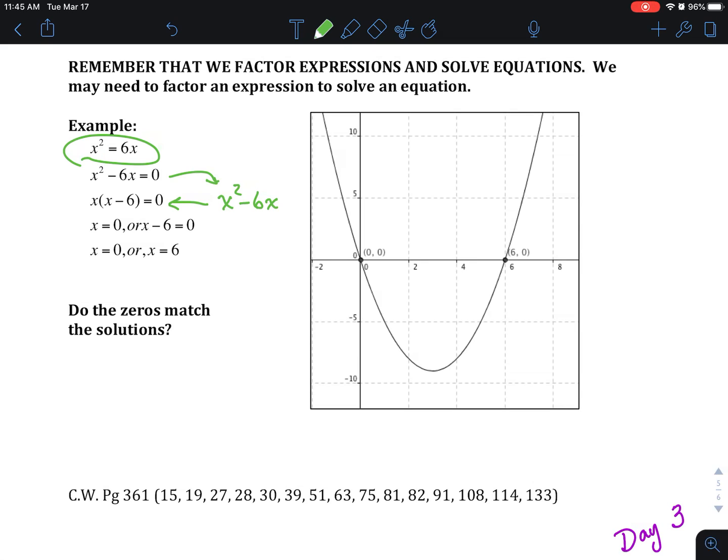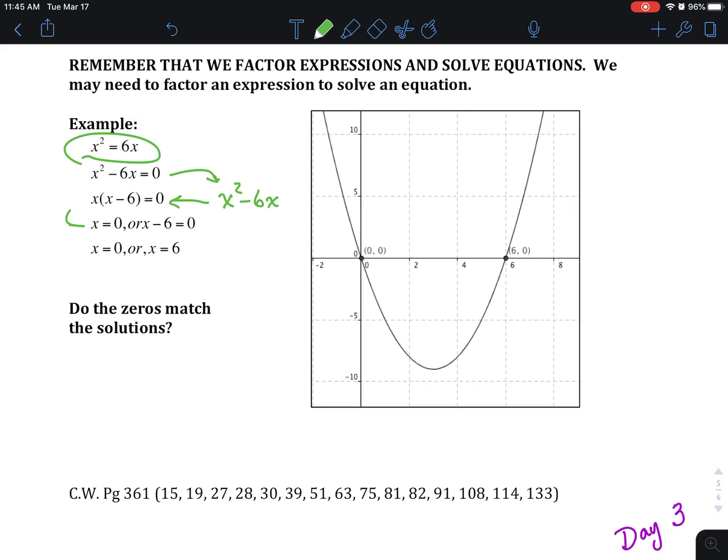And if we know that A times B is equal to 0, then either x is equal to 0 or x minus 6 is equal to 0. So essentially what we've done is set each of the factors, after we factor it, equal to 0, and we can solve for x. That'll give us our zeros.